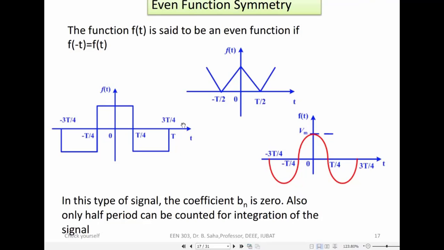No, sir. I have asked you, why do you need to study even function symmetry and odd function symmetry? Please write down quickly.